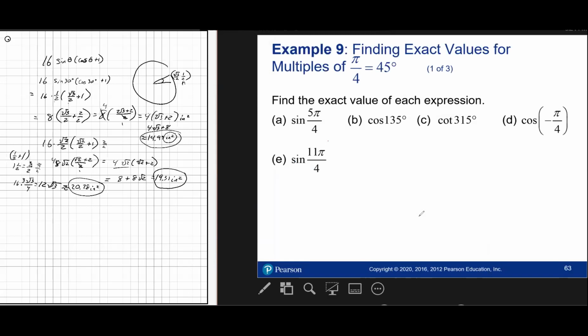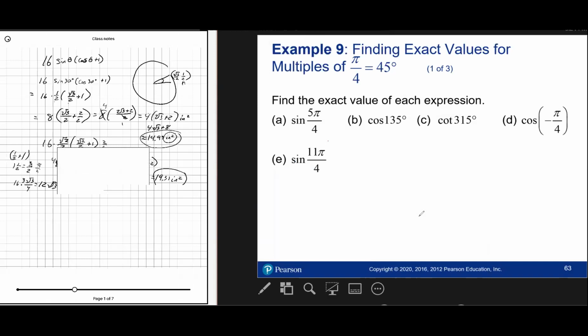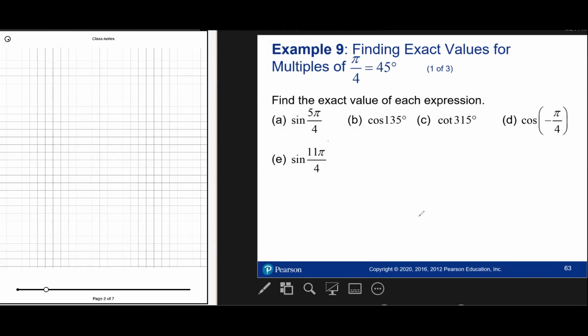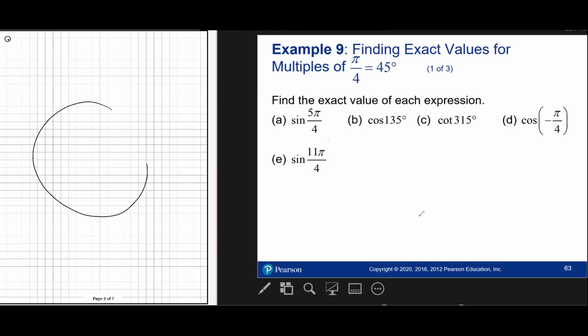So 5 pi over 4. We want to look and see where 5 pi over 4 winds up. Which quadrant does that wind up in? So 5 pi over 4 means we're going more than one pi, and then we're going to go another 45 degrees.